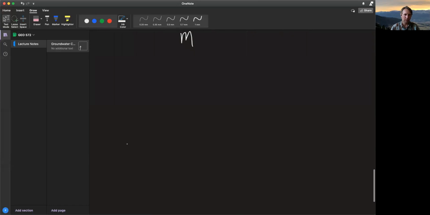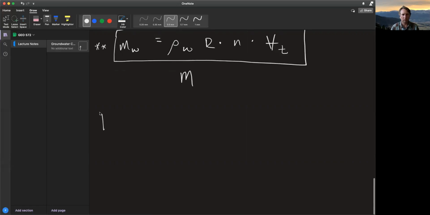All right, now let's talk about fluid potential. So in our porous media, we have fluids of any phase, but let's focus in on the water. We have water, and we're interested in understanding what the total driving force is of the water.